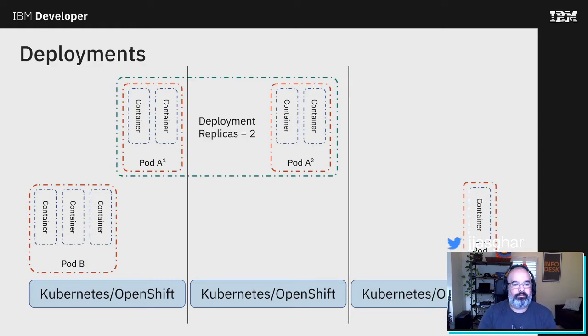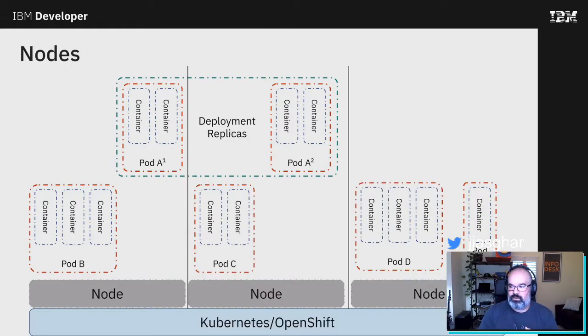In this case, pod A has 2 containers, pod B has 3, pod E has 1. When you tell Kubernetes or OpenShift, hey, I need to make sure that number of pods are running, that's something called a deployment replica. As you can see here, pod A has a deployment replica of 2, so Kubernetes or OpenShift will always make sure that there are 2 pods of pod A running. So that's how you declare its desired state, using the API to talk to it.